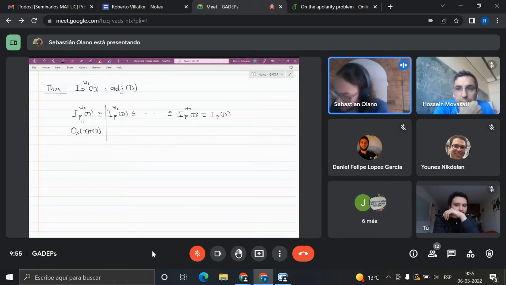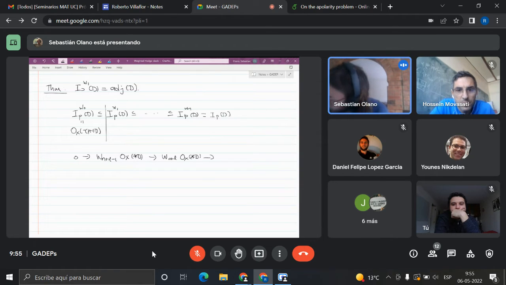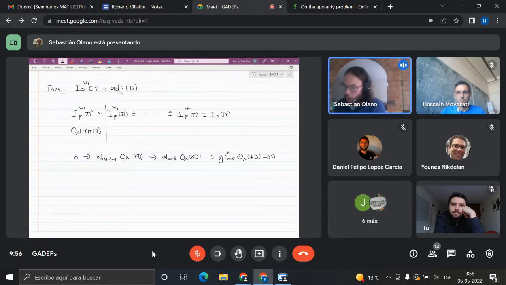So the first thing you can see is that you always have a short exact sequence of this sort that just comes from the definition of a weight filtration. If you have this quotient, this is by definition what we call the Gr of weight m plus l, O_X(*D). And now if you take the p-th Hodge piece, all of this is strict.